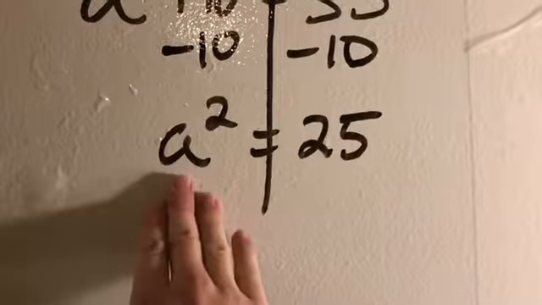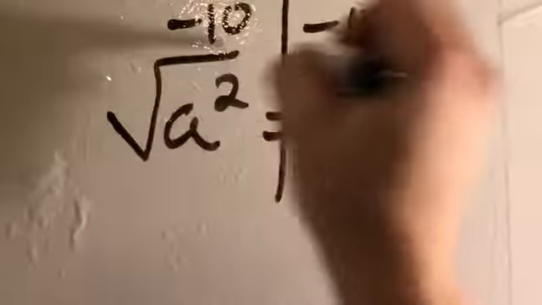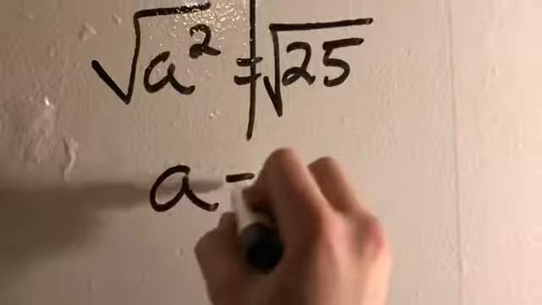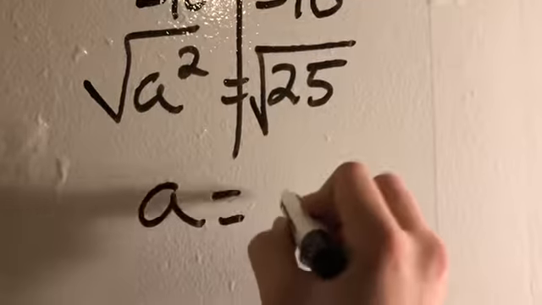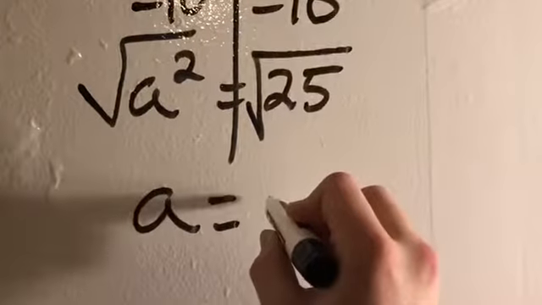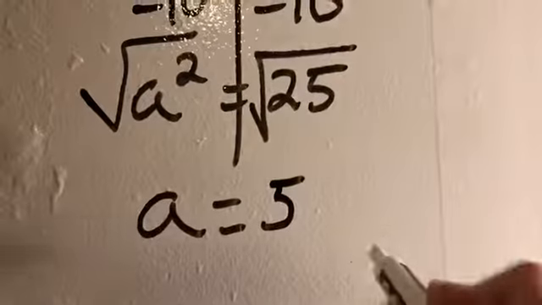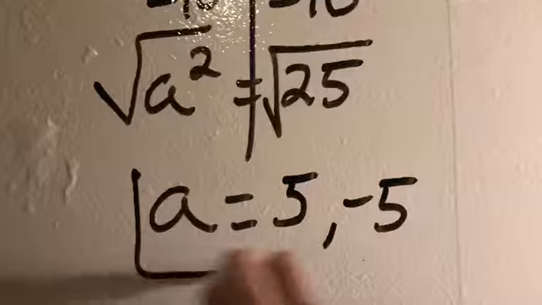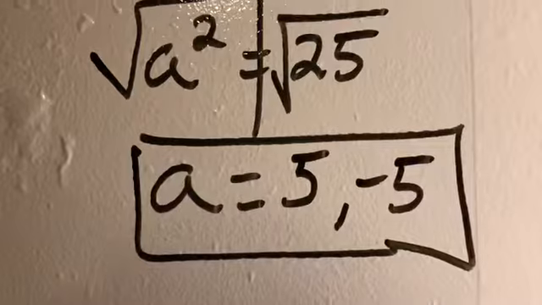Now that a squared is totally alone, I can take my square root, my check with a box on top, and I'm just left with a equals, what number times itself will give me 25? 5 times 5 is 25. Negative 5 times negative 5 is also a positive 25. Once again, we got 2 answers.